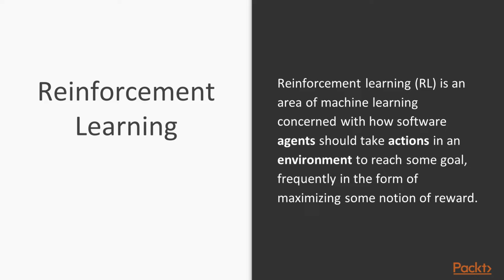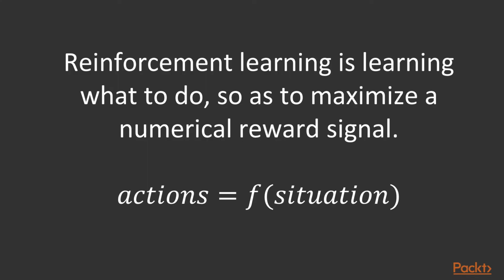Let's begin by taking a look at the concept of reinforcement learning, which is an area of machine learning concerned with how software agents should take actions in an environment to reach some goal. Now, this goal is frequently in the form of maximizing some notion of reward. So, the reinforcement learning framework is very different from what we have been doing so far. We have been building systems that learn from data, but reinforcement learning is more like learning from interaction.